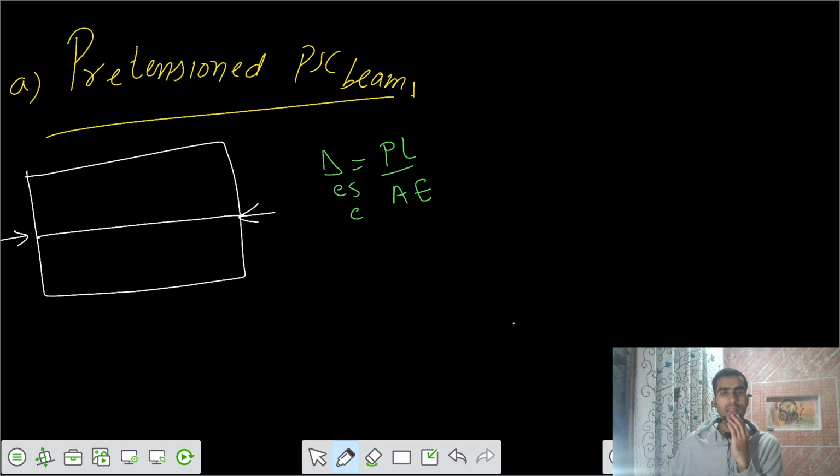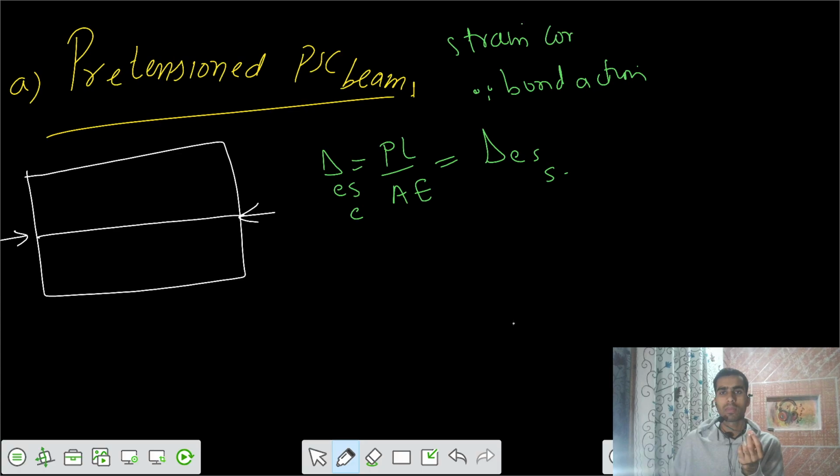The same kind of shortening would happen in the steel also, because of the bond action, or strain compatibility. You apply compressive force on the bar, and that gets transferred to the concrete, so both are going to shorten by the same delta.